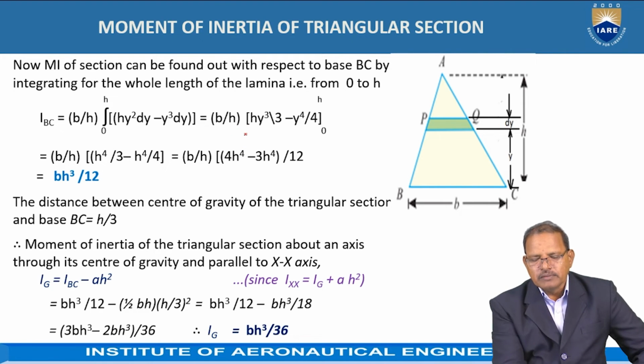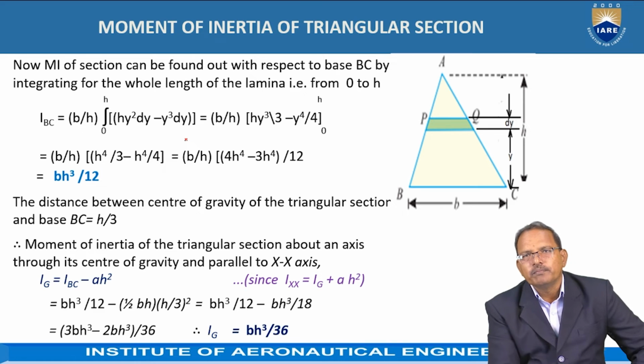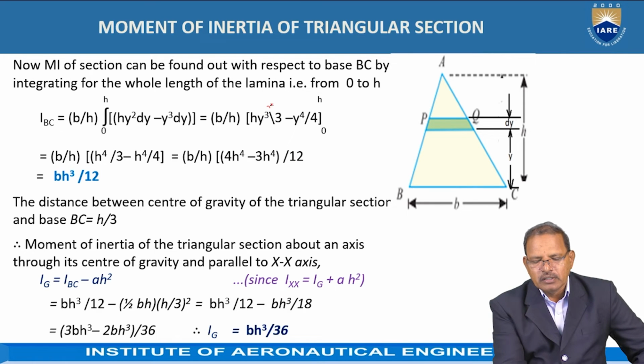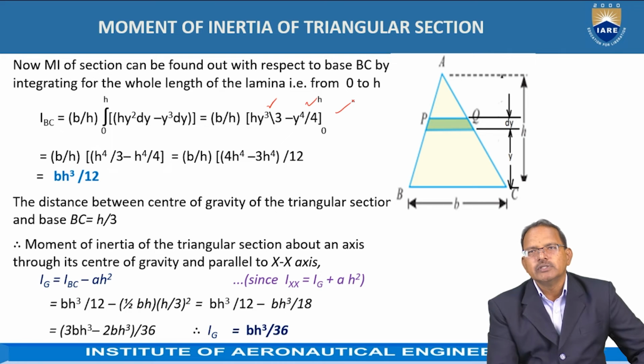Doing the integration, h y square dy integrates to h y cube by 3, minus y cube dy integrates to y to the power of 4 by 4, applying the limits 0 to h.